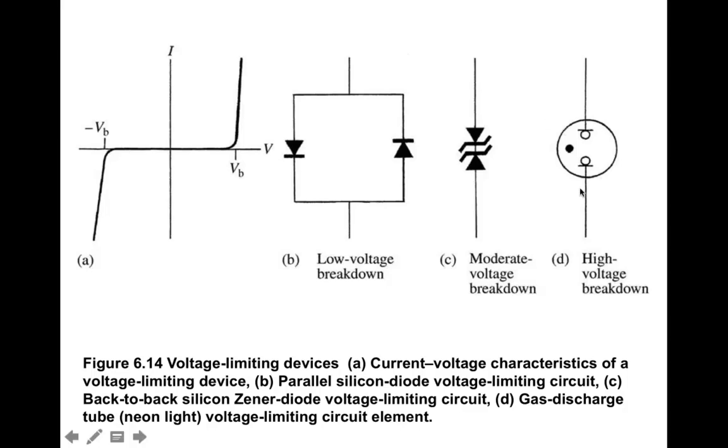And the advantage of the high voltage breakdown tube, first of all, it allows higher voltages, but secondly, a lot of times diodes in solid state circuitry can be destroyed if the voltage is too high. The gas discharge tube, that's usually not the case. You usually have a pretty stable mechanical system here.